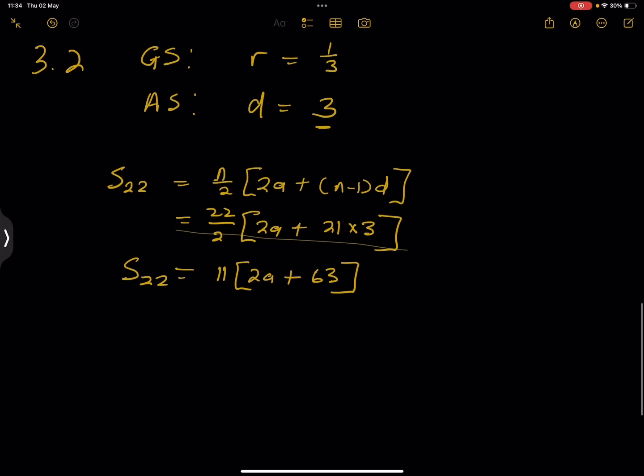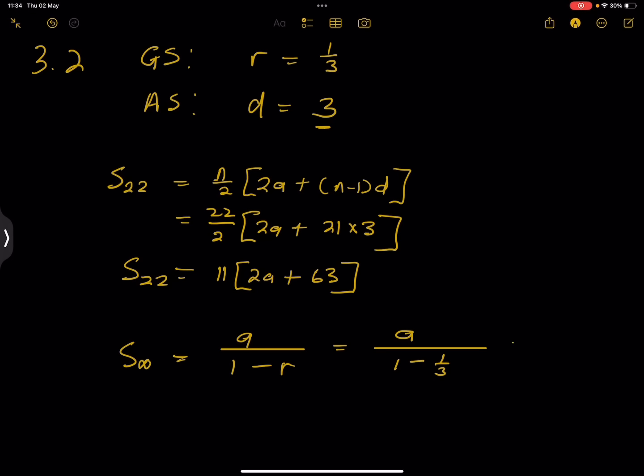And then the sum to infinity for the geometric sequence. Now remember, that's a over 1 minus r. We don't know what the a value is, but remember they said the first term is the same for both of them, so I'm going to leave that as a. So that's 1 minus 1 over 3, which gives us 2 over 3.